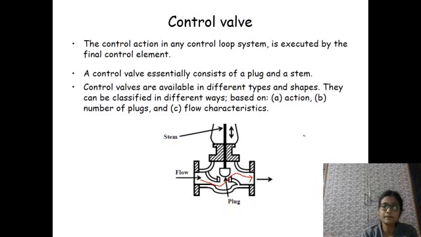So based on action, number of plugs and flow characteristics, the control valves can be defined. Control valves are available in different types and shapes. They can be classified based on action, number of plugs and flow characteristic.